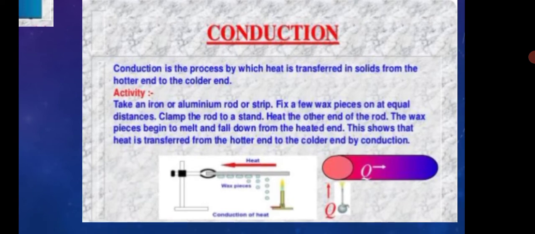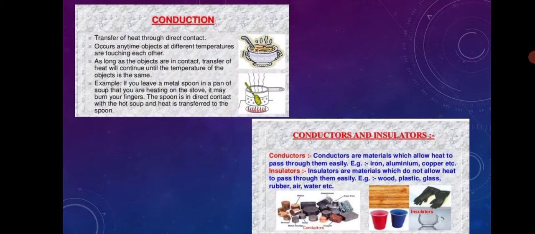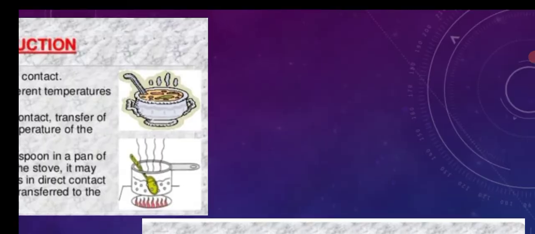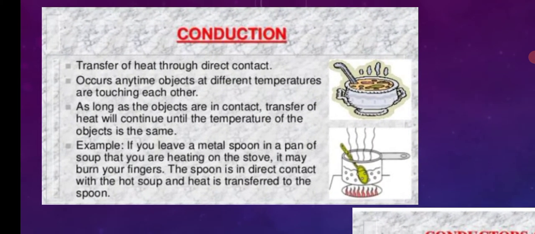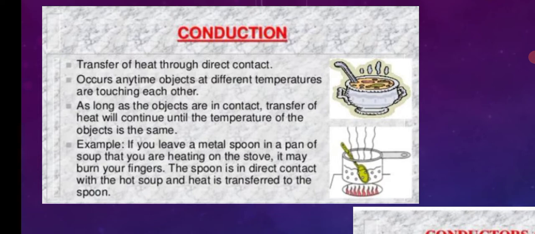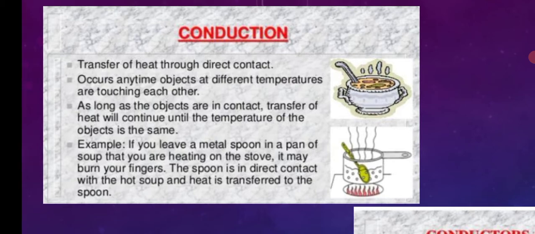There are conditions for conduction: the two objects should be in contact, the object should be a solid, and the temperatures of the two objects should not be the same. If the temperatures of the two objects are different, then heat can transfer between them.